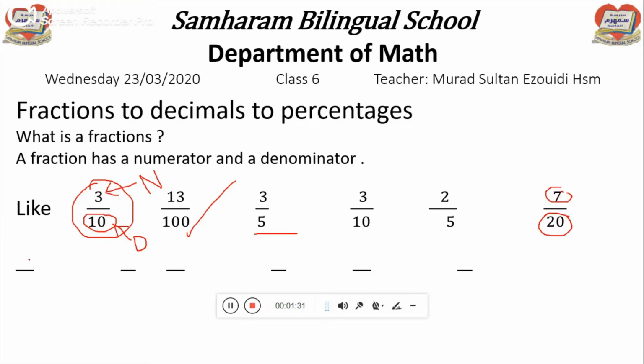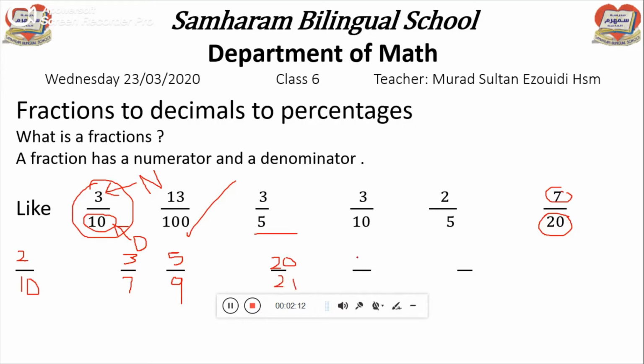Now, my kids, take pen and paper and try to write some fractions. For example, let's start with 2 divided by 10, or 3 divided by 7, which is also a fraction. We can also write 5 divided by 9. Another example, 20 divided by 21 is a fraction.